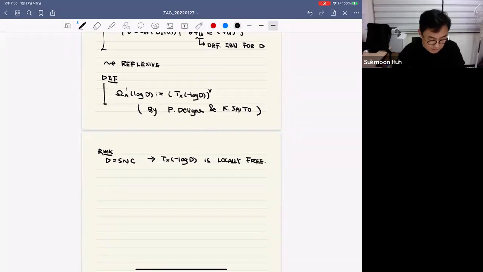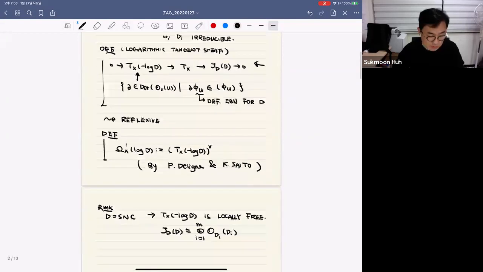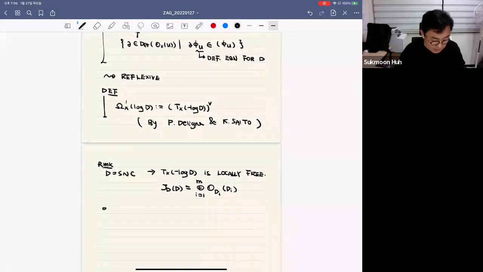And in this case, the cokernel, the Jacobian restricted to D and twisted by D, is in fact the direct sum of the normal bundles of each irreducible component. Okay. And in this case, if you take the dual of this exact sequence, we can get the following exact sequence for the logarithmic cotangent sheaf.